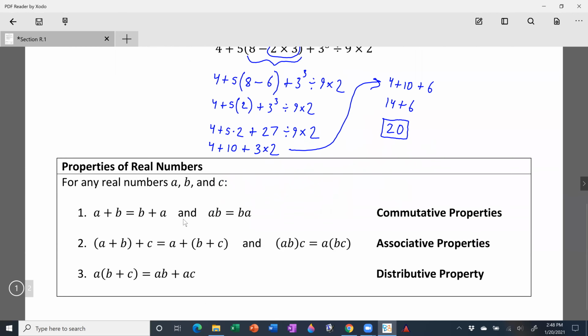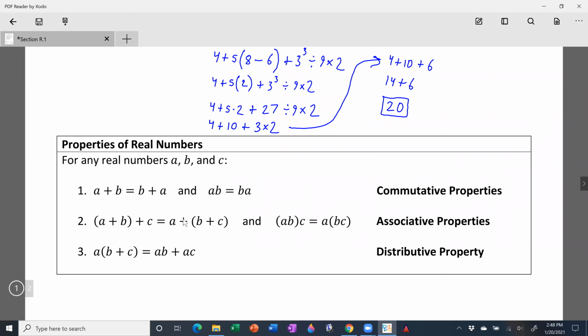Okay? So some properties of real numbers that are really important, especially when we're dealing with polynomials, because polynomials behave a lot like numbers in the sense that you can add them, subtract them, multiply them, divide them, all that kind of stuff. So for any real numbers, A, B, and C, these properties might seem really, really obvious to you, but they do have names.